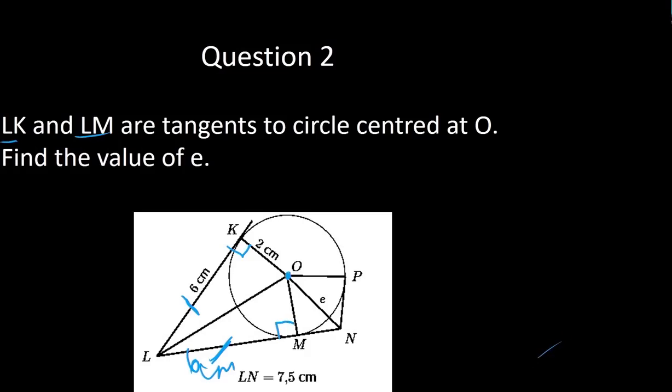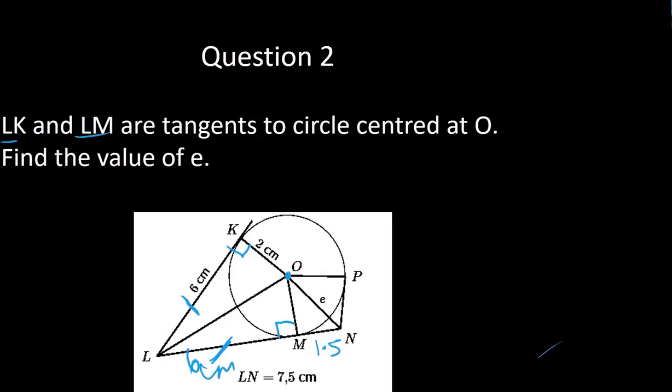They've told you that the whole length LN is 7.5 centimeters, and by using tangents from a common point, we've shown that LM is 6, so therefore MN must be 1.5, because that whole length from L to N is 7.5. 7.5 minus 6 gives me 1.5.